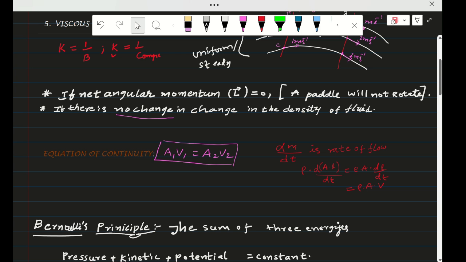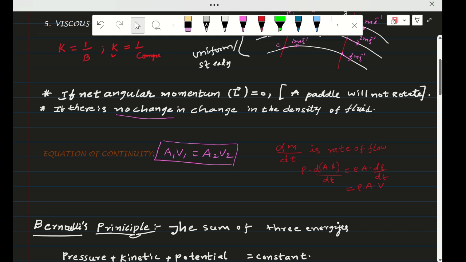How much water has entered, or how much the rate of flow is at one point, the other point should also have the same rate of flow. It will be very useful in solving problems related to venturi meter, velocity of efflux, siphon and all.